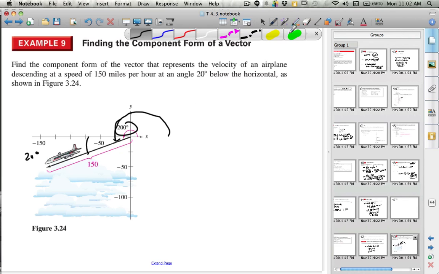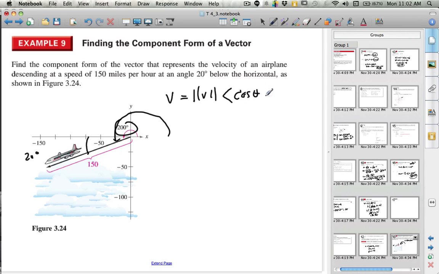So in working on this problem, if I go back to the formula we had before, the vector would be equal to the magnitude of the vector times the component form, which would be cosine theta, sine theta, which could also be simplified to the magnitude times the linear combination form, which would be cosine theta i plus sine theta j.